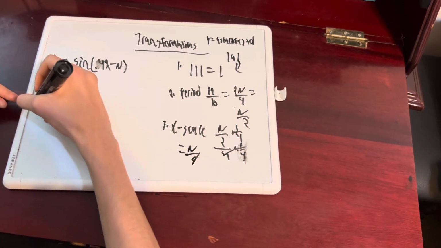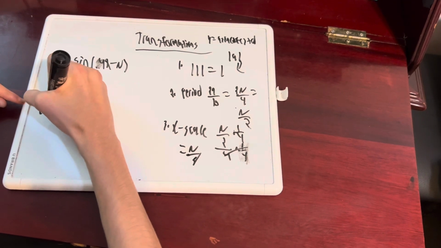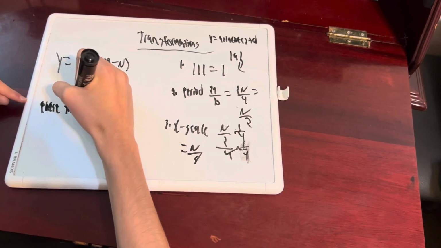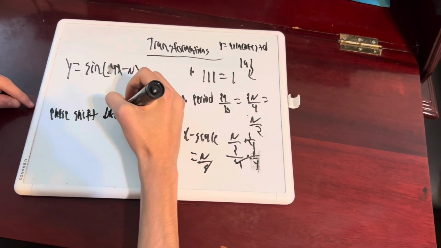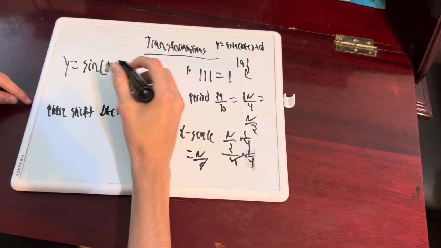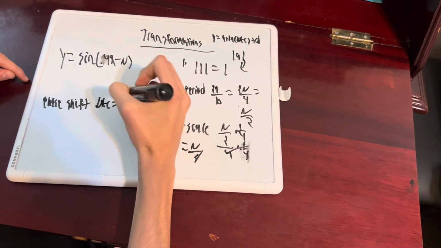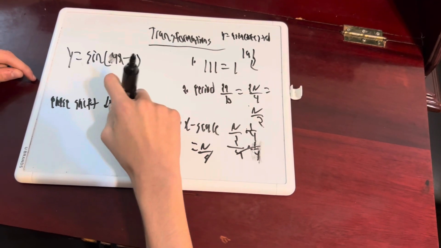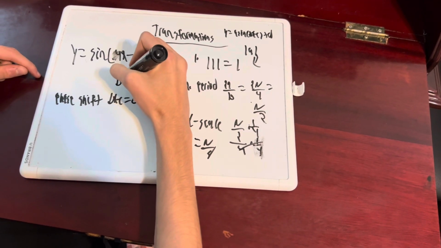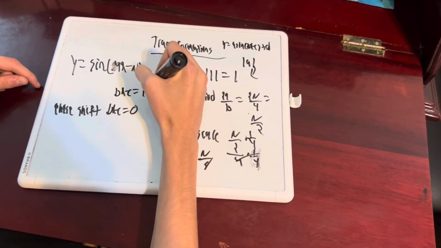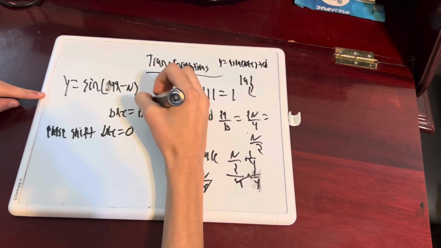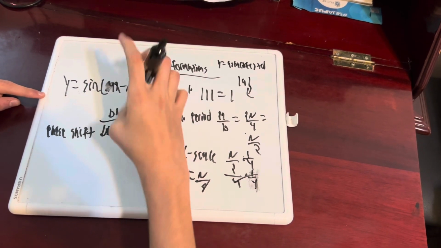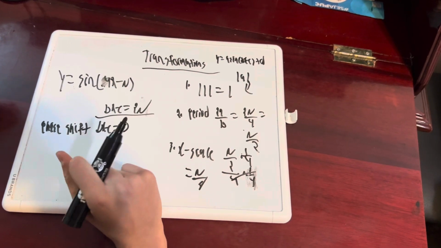Then you go to your phase shift, where bx minus c equals 0 if you want to find the start. If you want to find the end, it's bx minus c equals 2 pi. We don't actually have to do this in this case, but if you want to find the end of your first period, here it is.